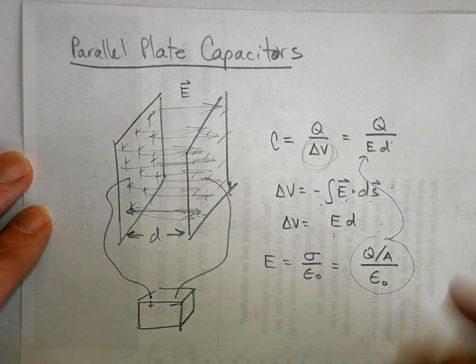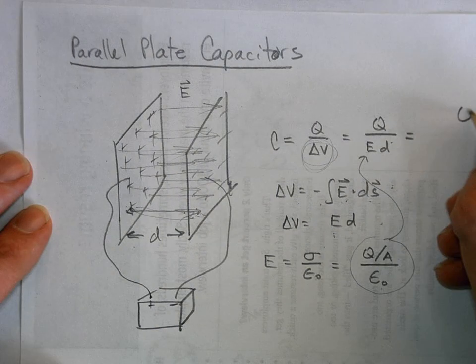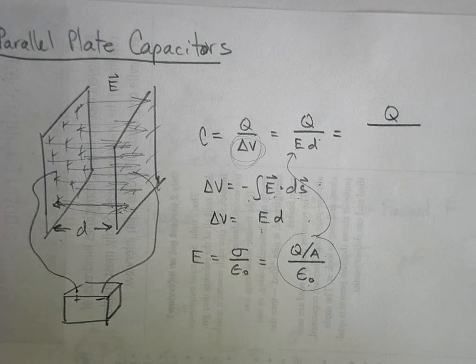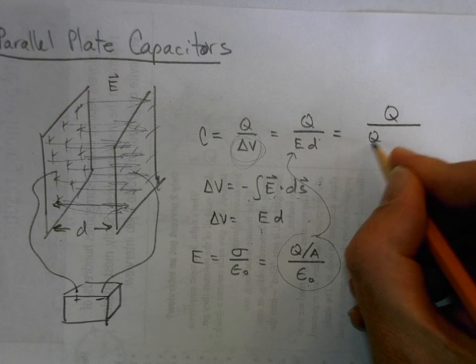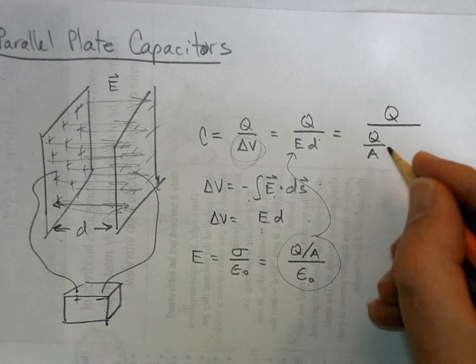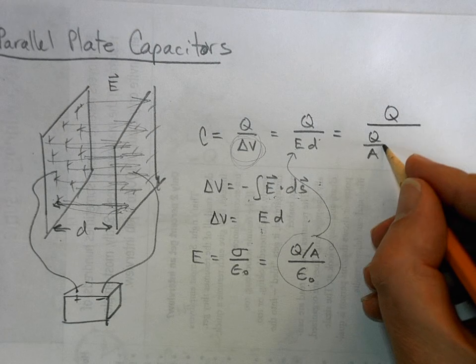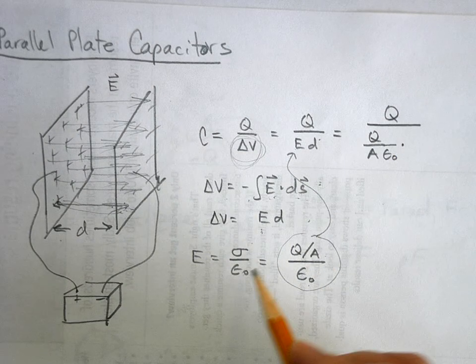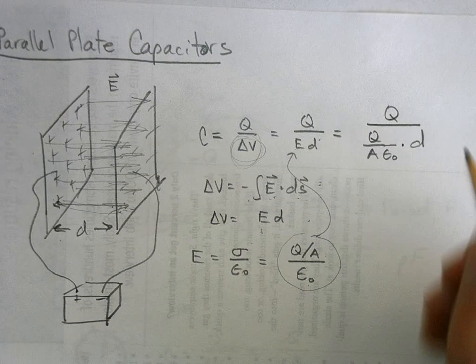And when I do, I get Q over the electric field, which is Q over A over epsilon naught, times, don't forget the D.